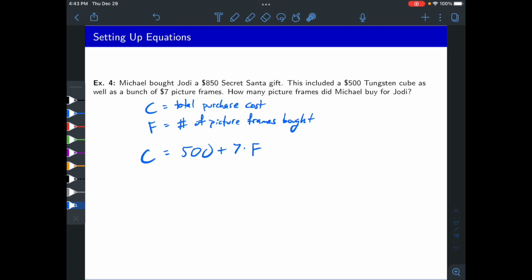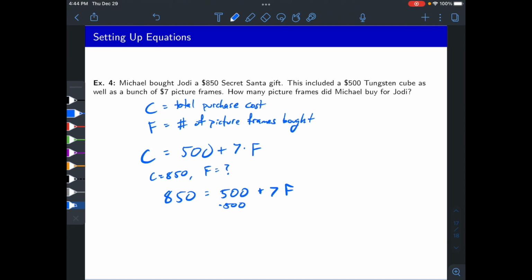So Michael bought $850 worth of cube plus picture frames. So that's telling us that C is 850, and we want to know what would F be. Okay, so we'll replace C with 850, and then we're going to solve for F. So we can subtract 500 on both sides.